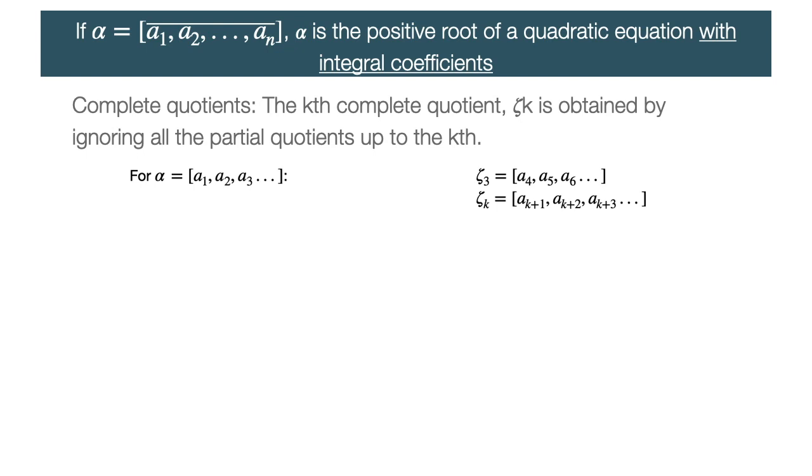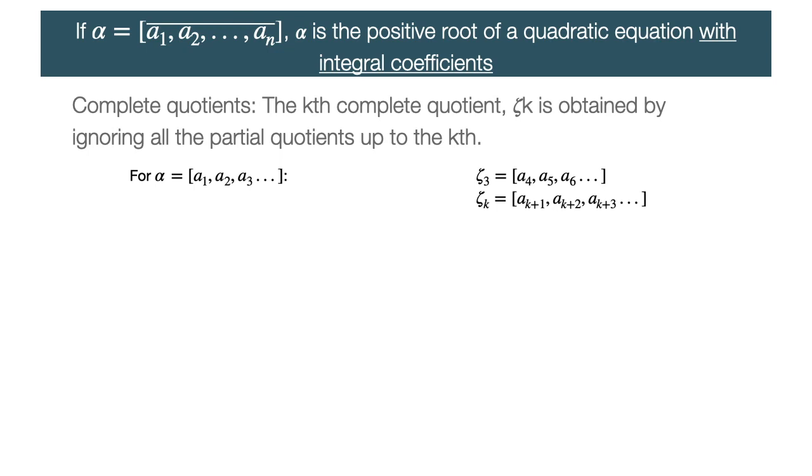If alpha is equal to a purely periodic simple continued fraction, then alpha is the positive root of a quadratic equation with integral coefficients. We're going to prove this, but first let's talk about complete quotients. We can get the kth complete quotient by just ignoring all the partial quotients up to the kth, and the rest would just be the complete quotient.